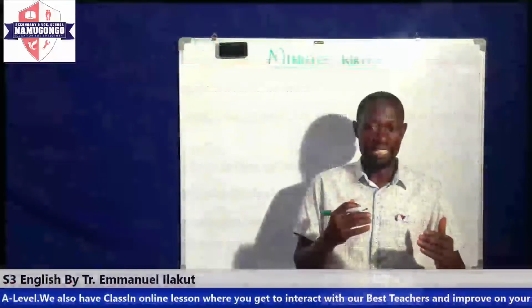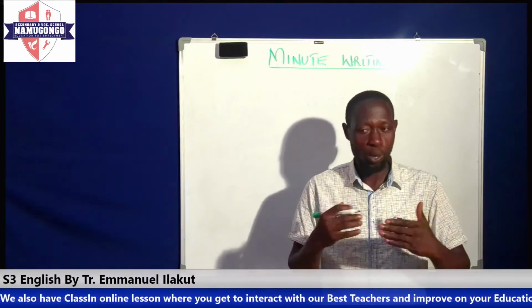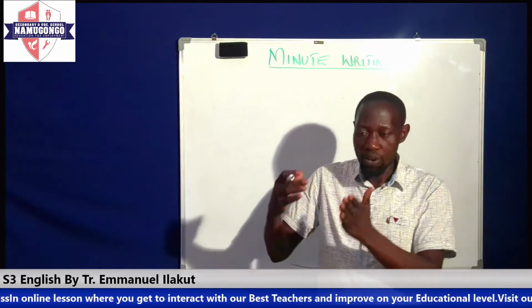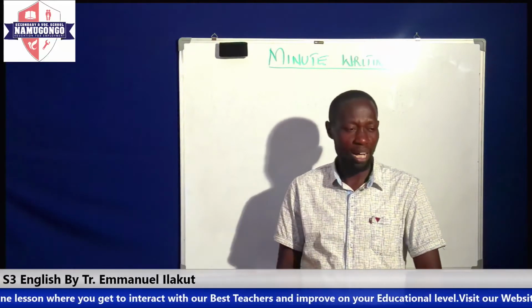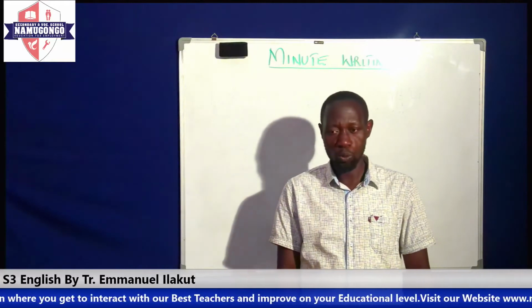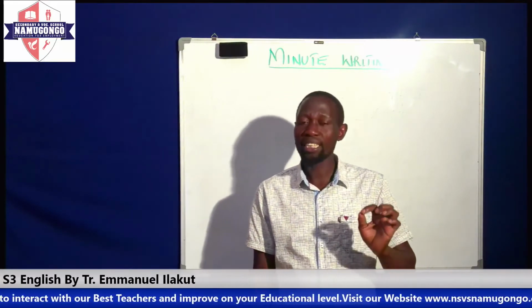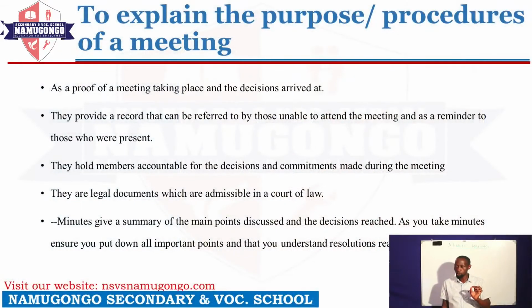What is there to show that we met? What is there to show that we reached such and such a decision? Two, they provide a record that can be referred to by those unable to attend the meeting, and as a reminder to those who were present.